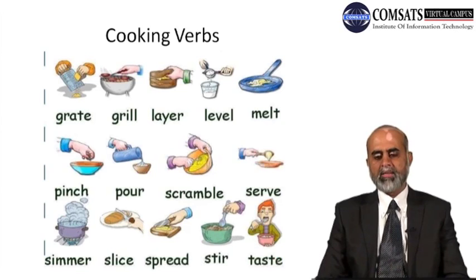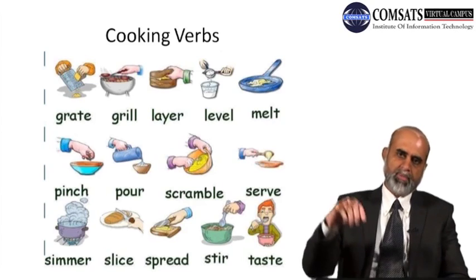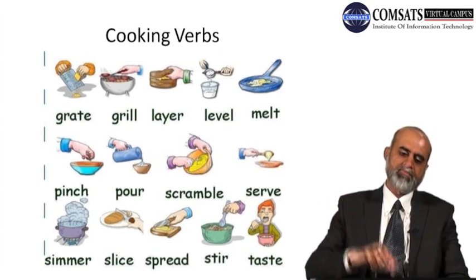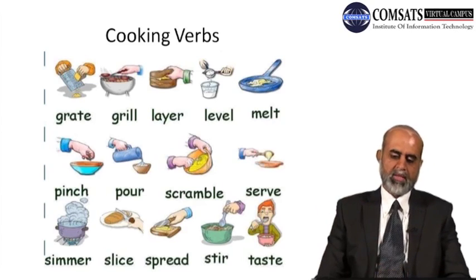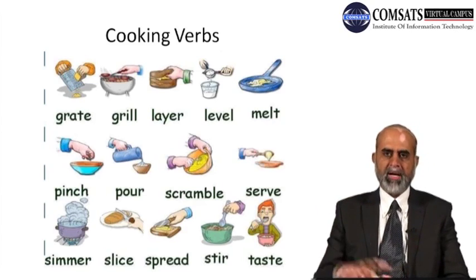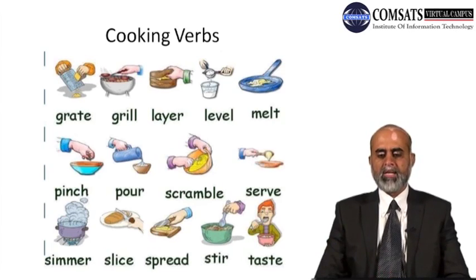Then you have a cooking verb melt, जिसको पिघलाना कहते हैं उर्दू में. Pinch of salt or something like this. Then you have pour water. Scramble, फेंटने को कहते हैं scramble. Serve, पेश करने को कहते हैं.